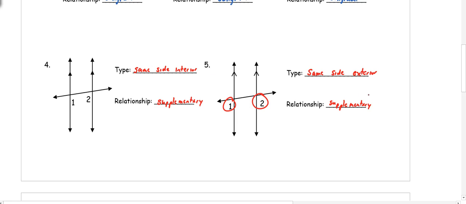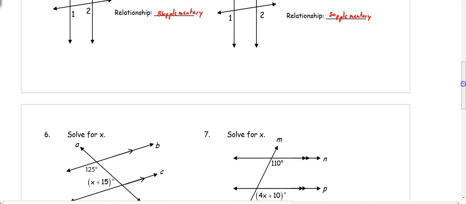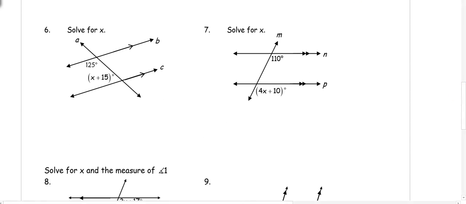So let's use this idea now to solve for a variable. Number 6, we want to solve for x. These little arrows on B and C mean that the lines are parallel, which means that A is my transversal. If I look at the angles, they're on the same side of the transversal and they are inside the lines, which means they are same side interior angles, and same side interior angles are supplementary.